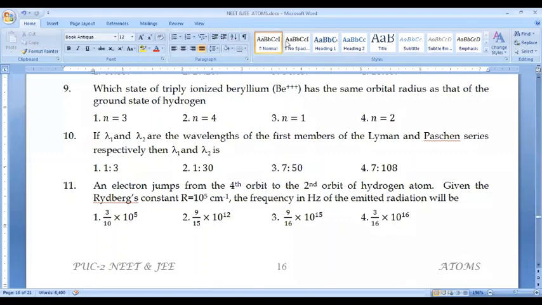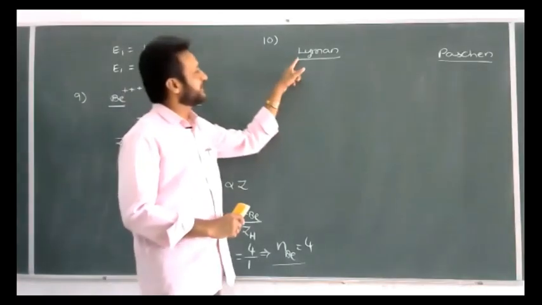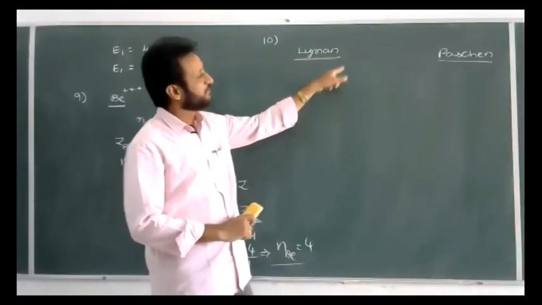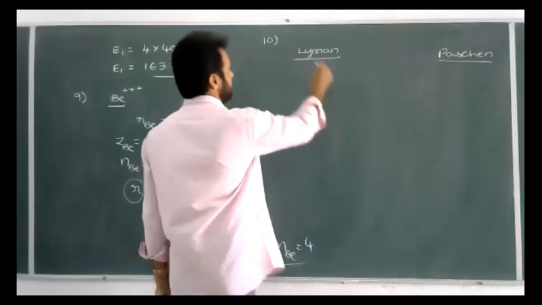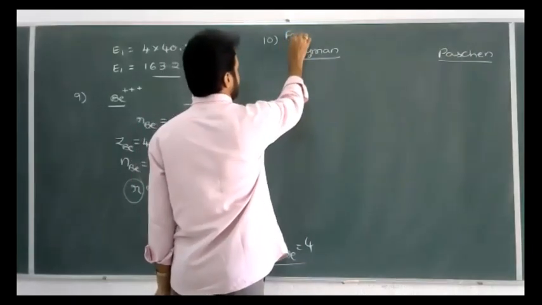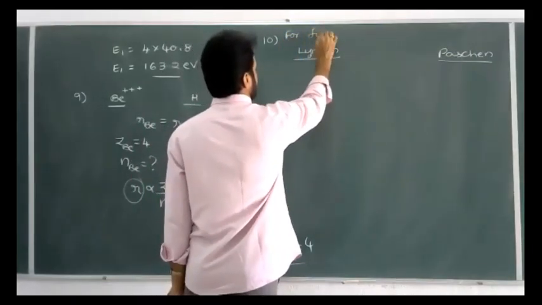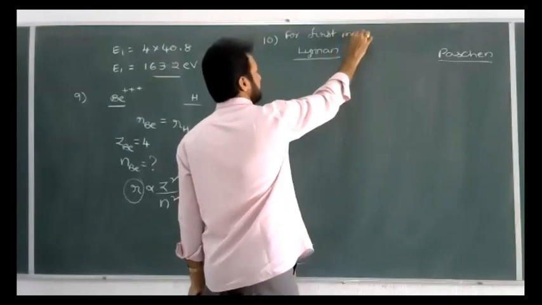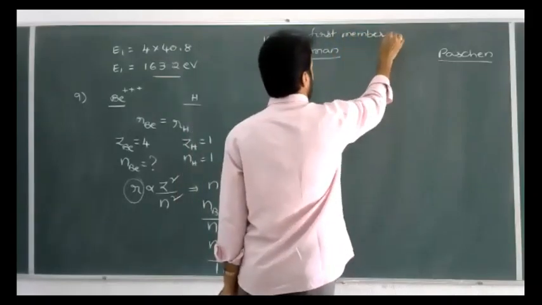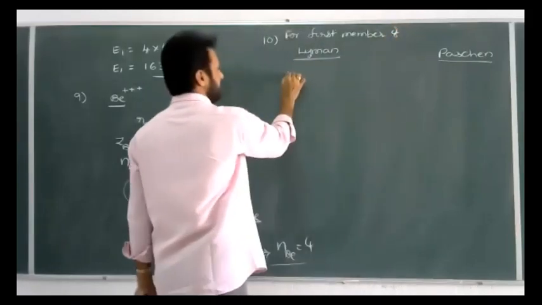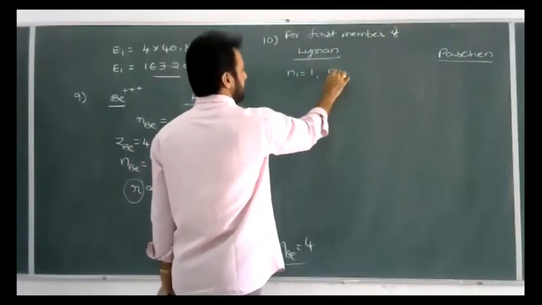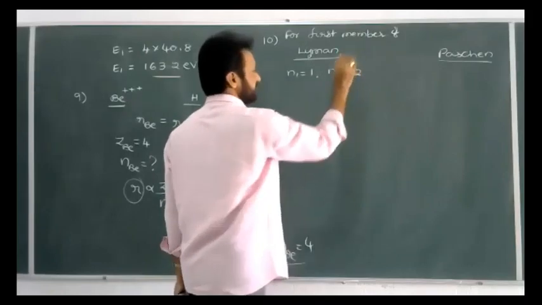Okay, so they given the question, lambda 1 is the wavelength of the first member of the Lyman series, lambda 2 is the wavelength of the first member of the Paschen series. Now we'll take for first member of Lyman series, we know n1 is equal to 1, n2 is equal to 2.